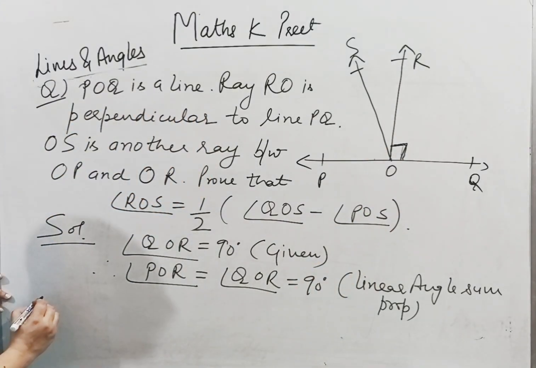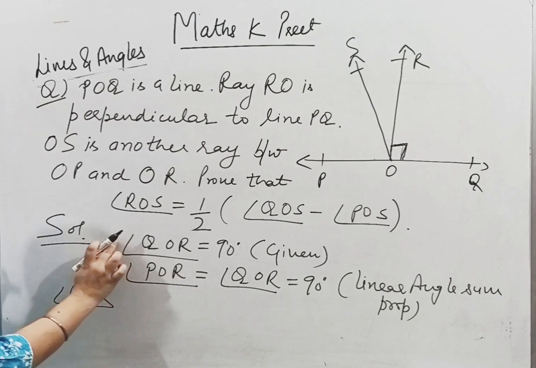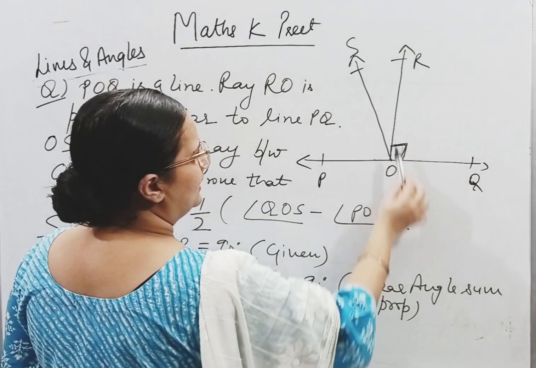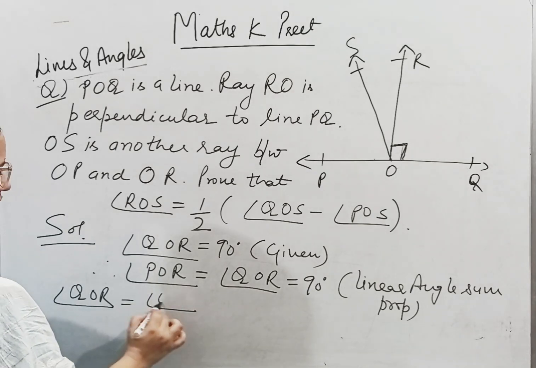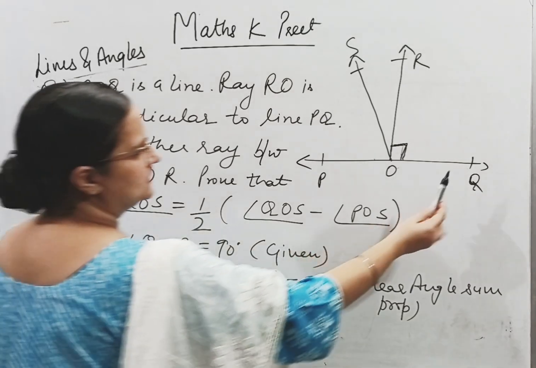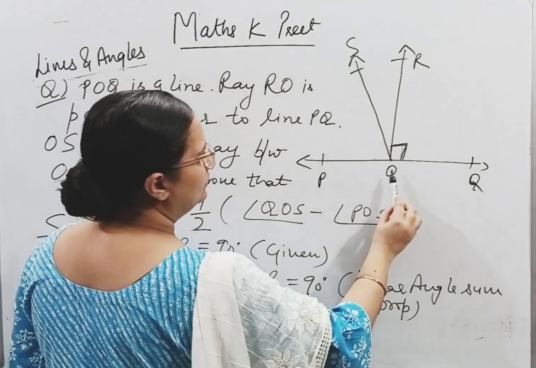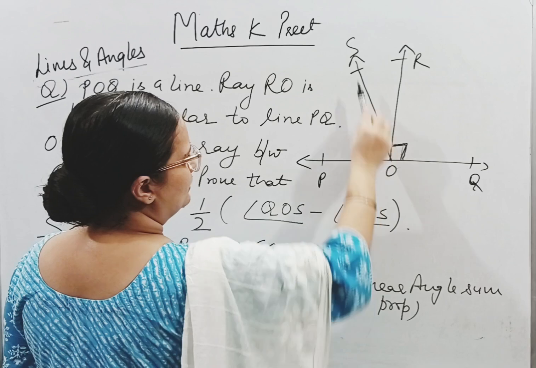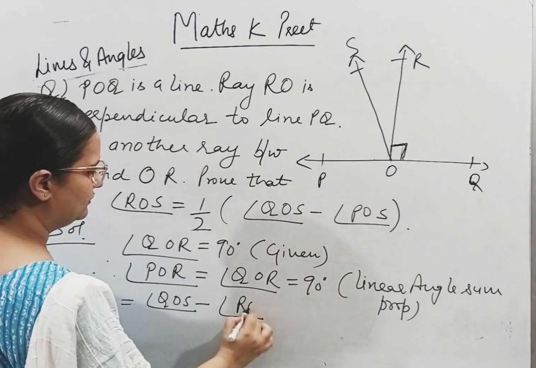So now we can write this angle QOR, which is 90. QOR can be written as QOS minus SOR, or ROS according to the question.